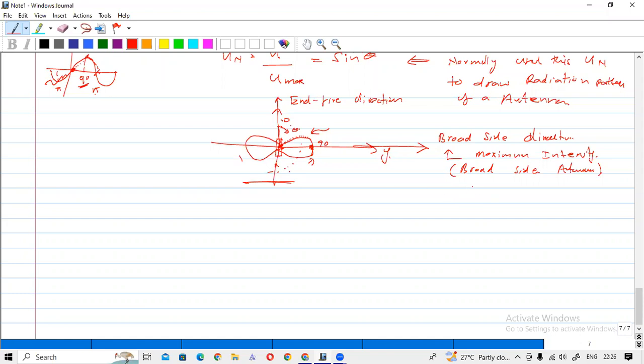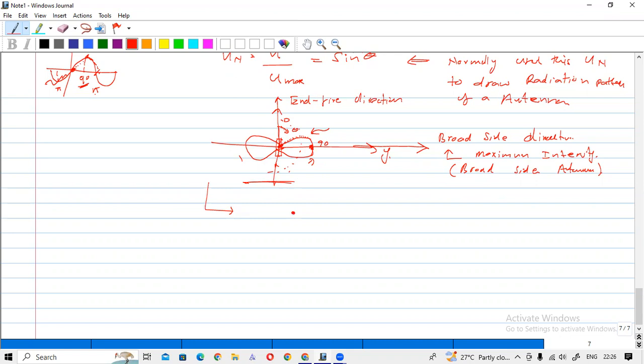So you can see that this is not a uniform antenna. Actually, there is no antenna that is uniform in all directions, in tilt and azimuth. It is actually a hypothetical antenna.